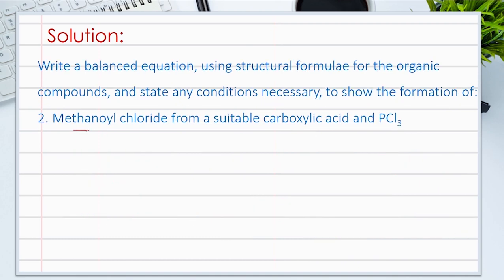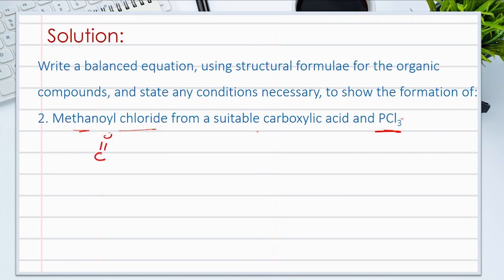The second question, the preparation of methanoyl chloride using phosphorus trichloride, PCl3. First, we write the product methanoyl chloride, which means we have 1 single carbon.